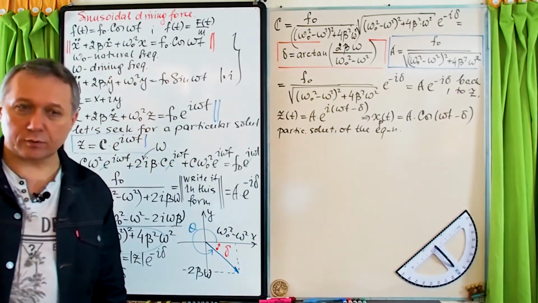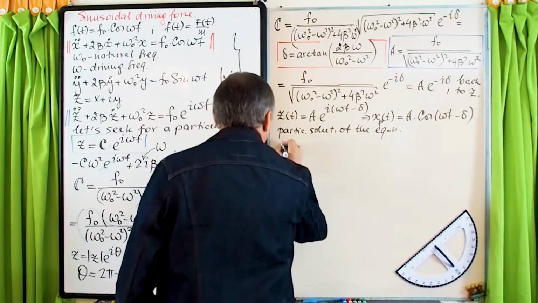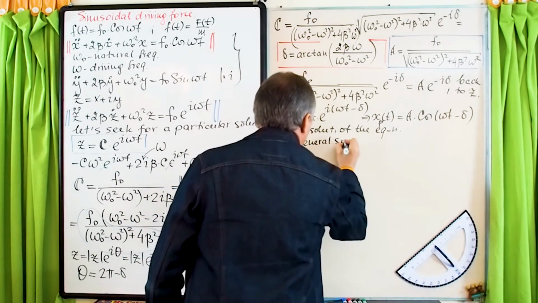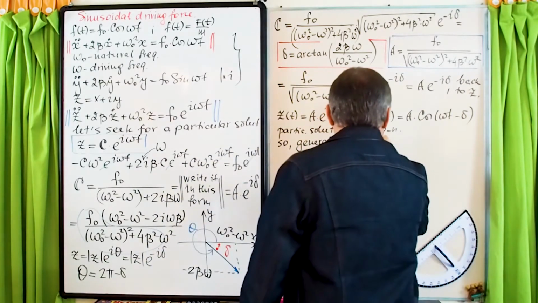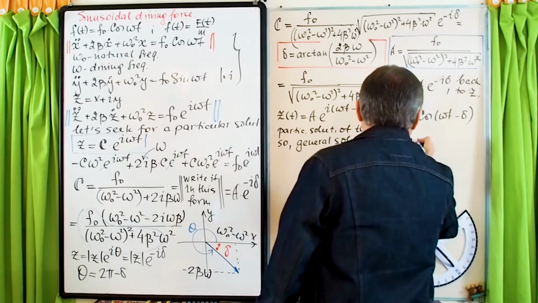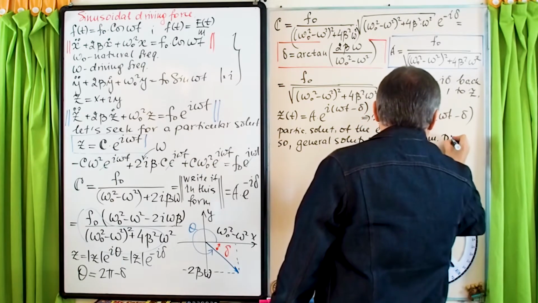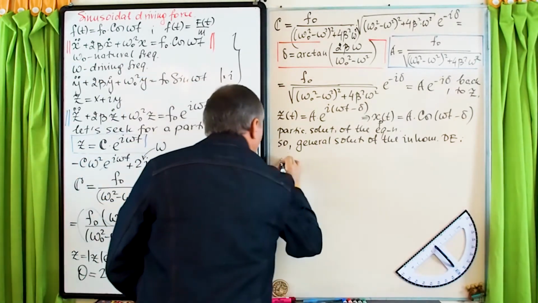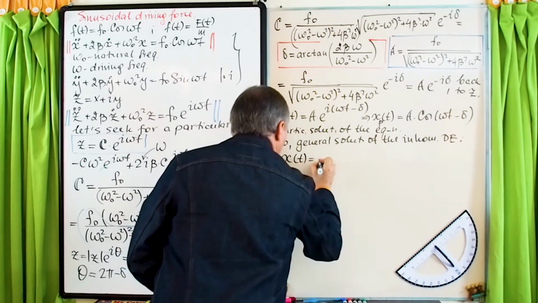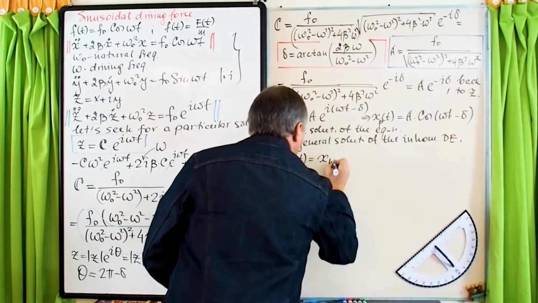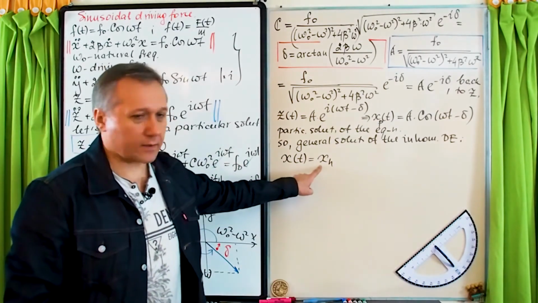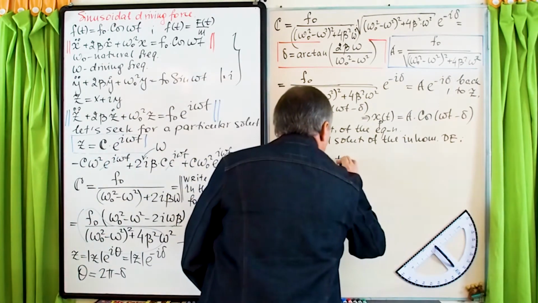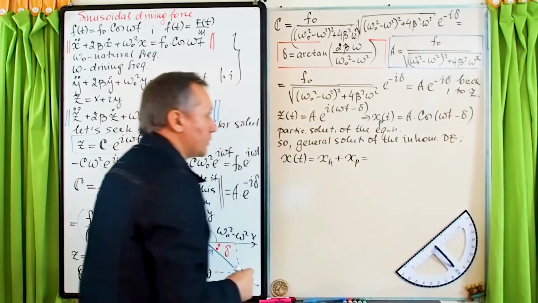Again, now the general solution of the inhomogeneous differential equation, which is x as a function of time. Again, I'm reminding you, it's a general solution of the homogeneous differential equation, x sub h, plus a particular solution, which we just found.